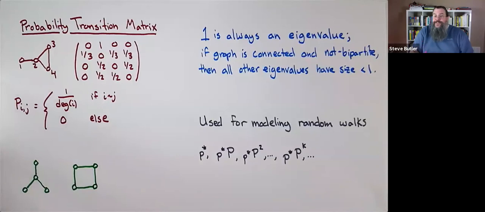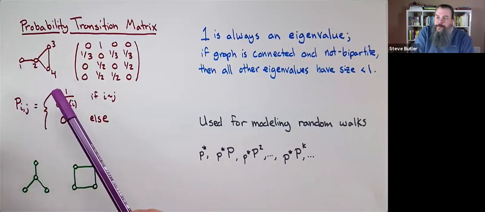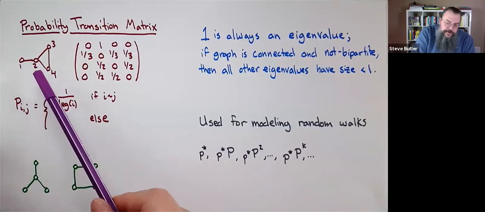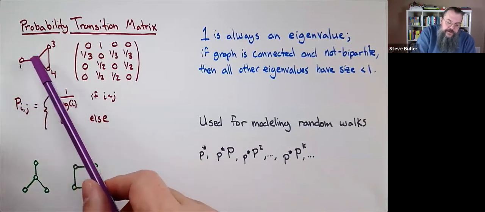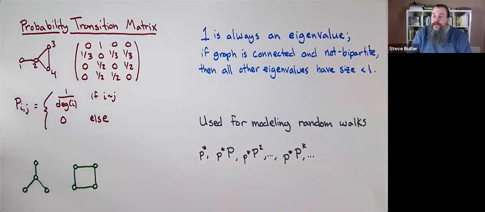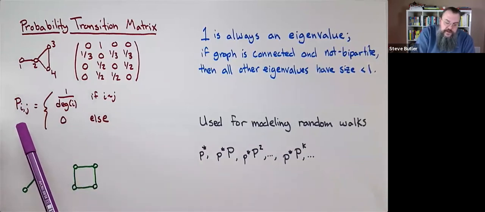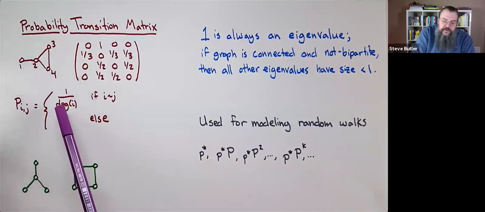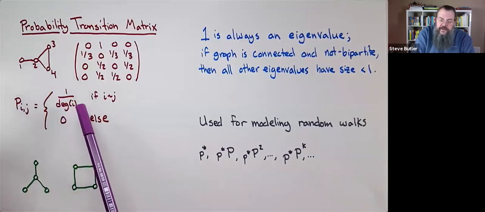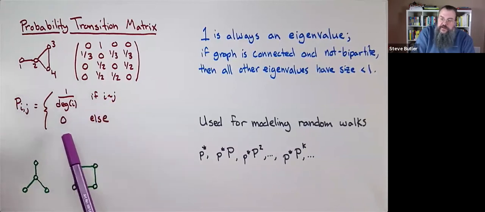I really don't have a choice. I'm just kind of only one way out. On the other hand, if I'm at vertex 2, I really have an equally likely chance to end up in any of the vertices, 1 out of 3. And in general, we say the entry for this matrix, P_ij, is 1 over the degree of i if i is adjacent to j, and 0 else.